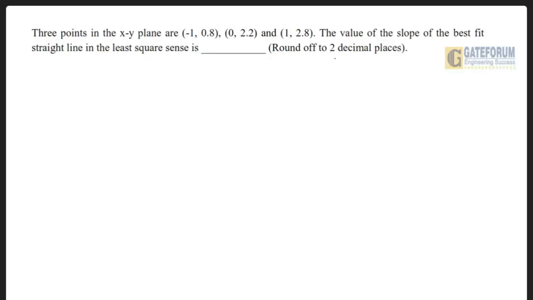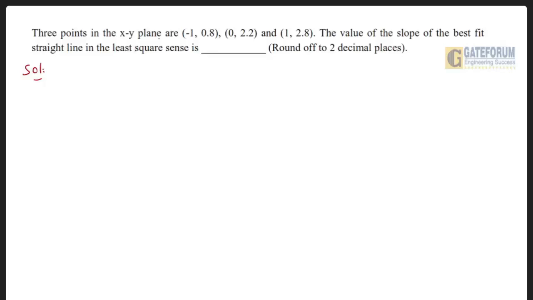The solution is: line of best fit in the least square sense means taking that line equation as y on x, that is y is equal to ax plus b or a plus bx, or the linear regression line of y on x is y minus y bar is equal to byx into x minus x bar. Any one of these you can use; using the given 3 data points, x values and y values, you will get the answer.